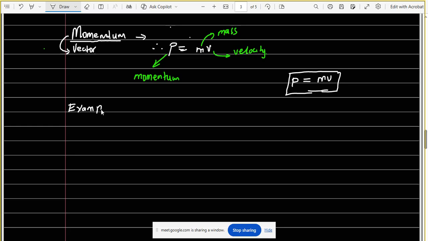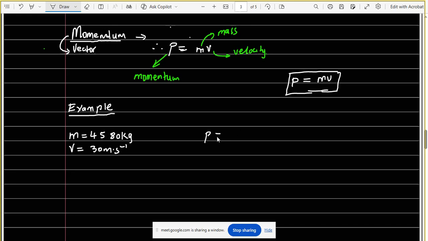Let's do a quick example. Let's say I have a truck that has a mass of 4,580 kg. This truck is going south with a velocity of 30 meters per second, and they want you to calculate the momentum of the truck.